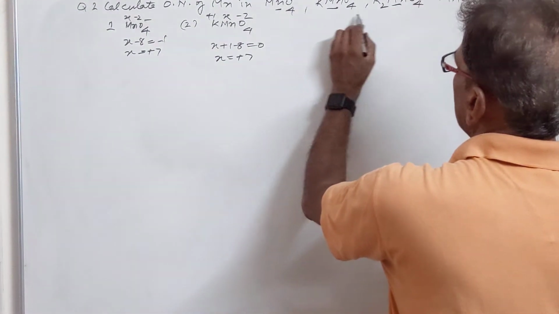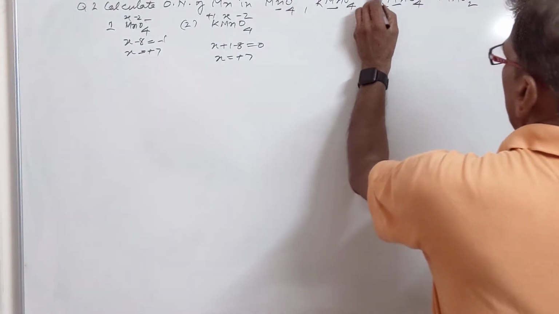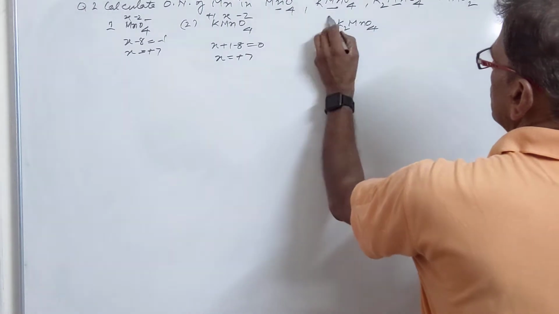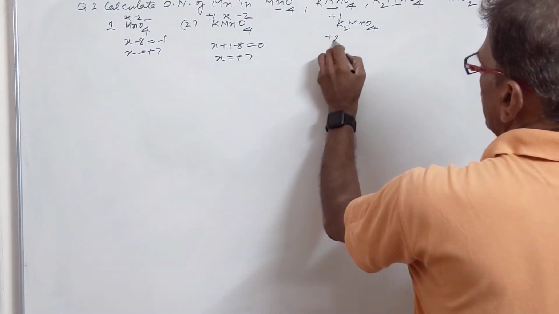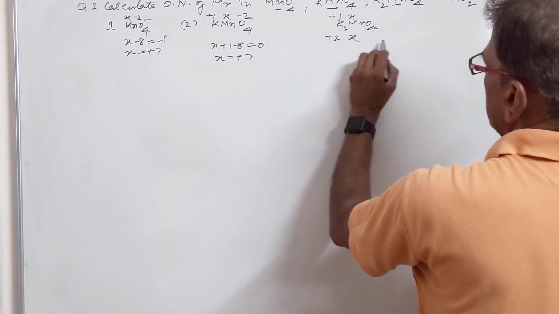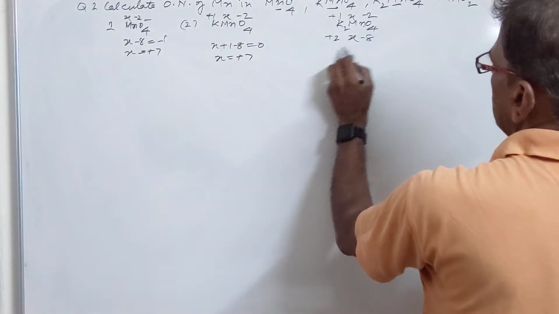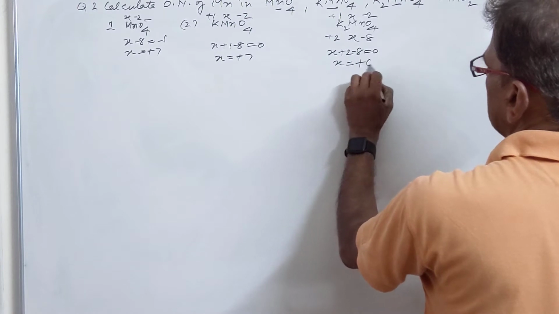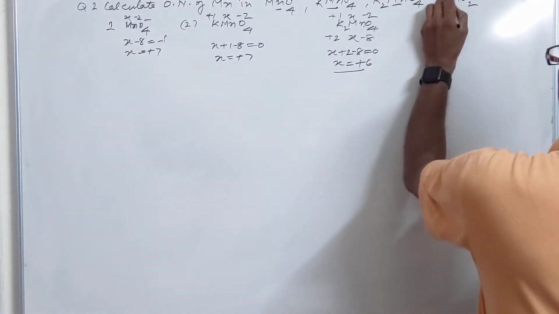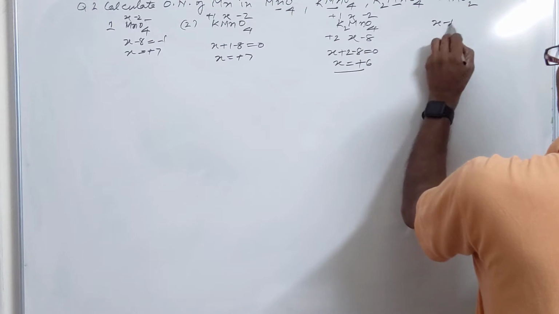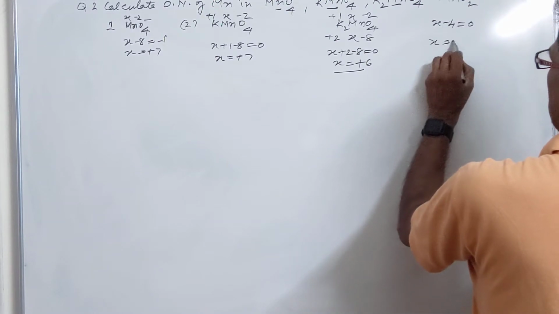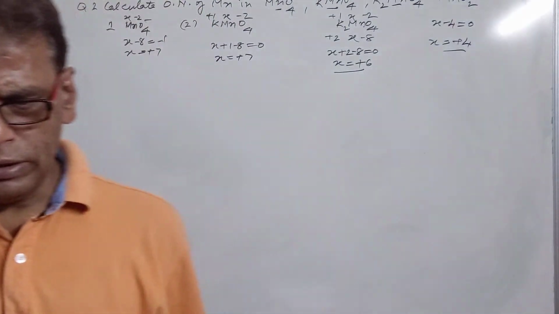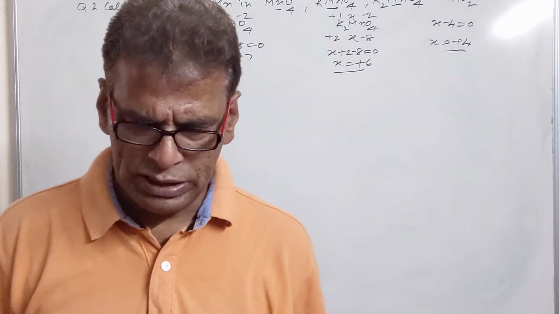In case of K2MnO4, write +1 here, +1 multiplied by 2 gives +2, X multiplied by 1 gives X, and -8. So X plus 2 minus 8 is 0, and X is equal to +6. In the last case, X minus 4 equals 0, so X will be equal to +4. So this is the calculation of oxidation number of Mn in different species.